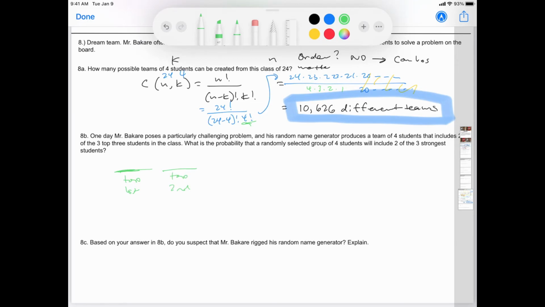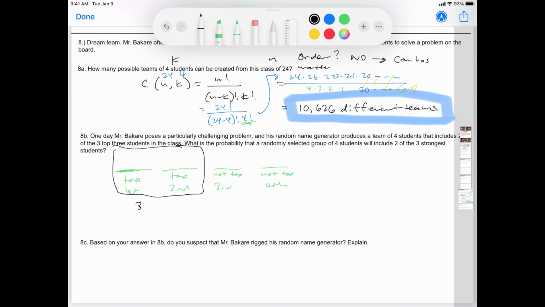And then the third is going to be any other student. So I'm going to write not top student and not top student for the fourth one. Does that kind of give you a visual of what's happening? So here, between these two, there are how many top students? There are 3 of them.